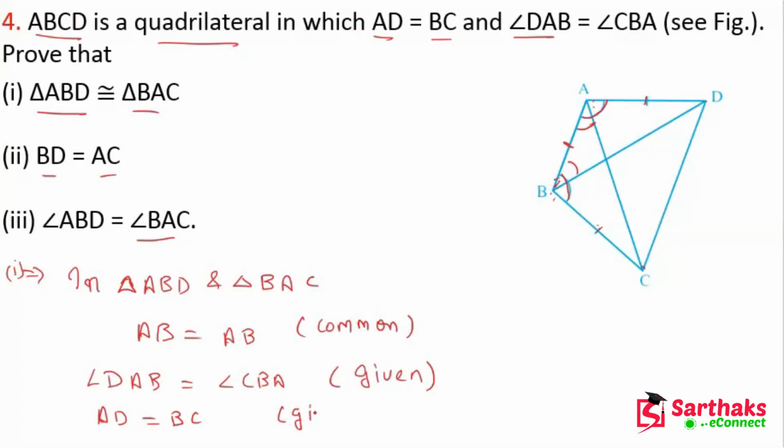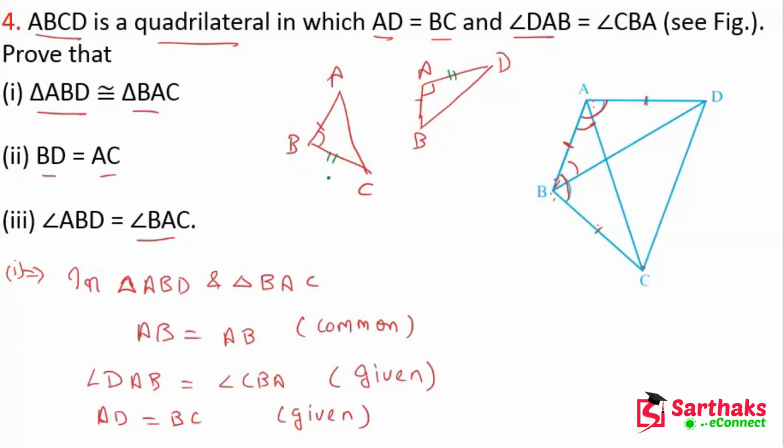This is also given. So you can observe the triangles like this, A, B, C and A, D, B. AB is common, angle DAB and angle CBA are equal, and BC is equal to AD.